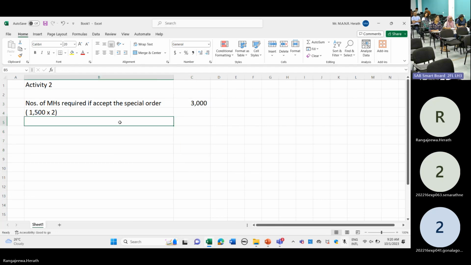Since the machines are at full capacity, we need the number of units of product A that would have been produced.